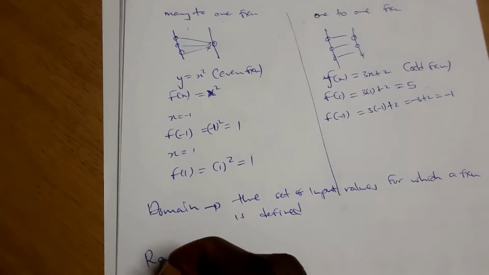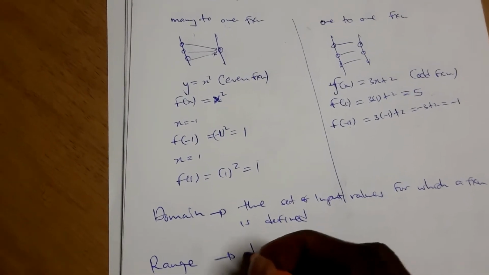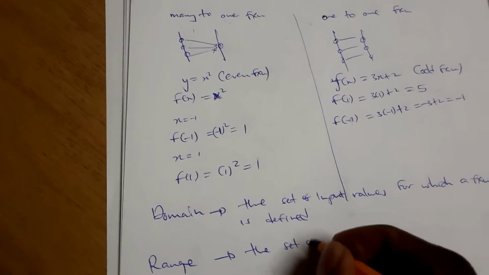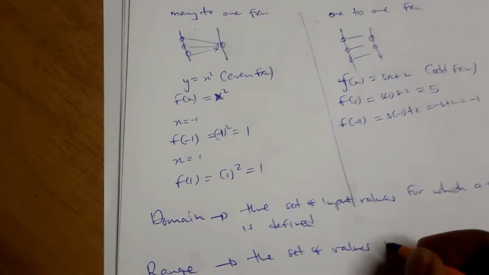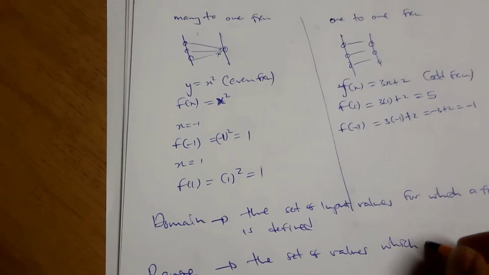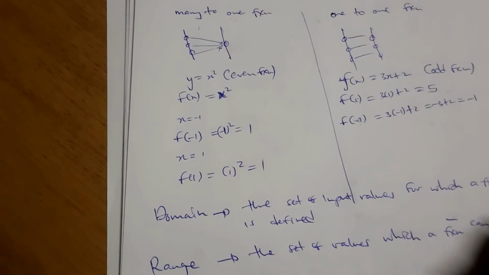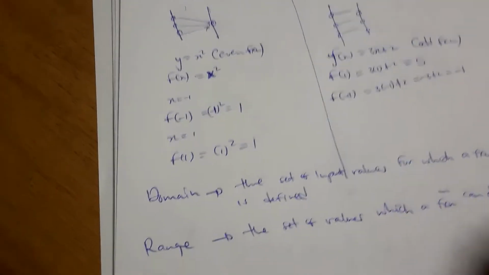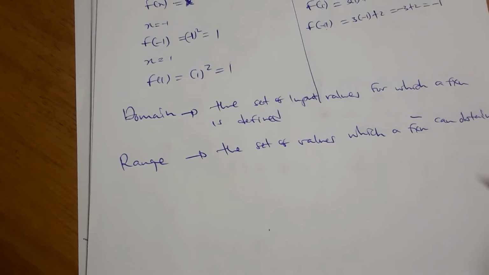Then we have what we call a range. So a range, this is the set of values which a function can obtain. We will actually see this when we are dealing now with examples.